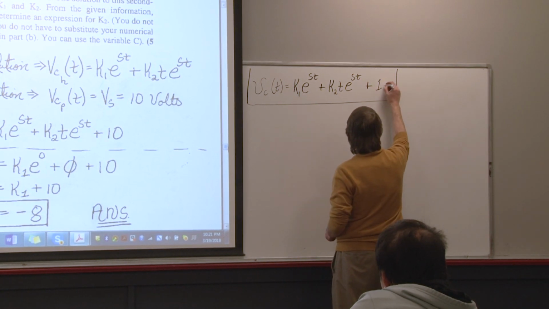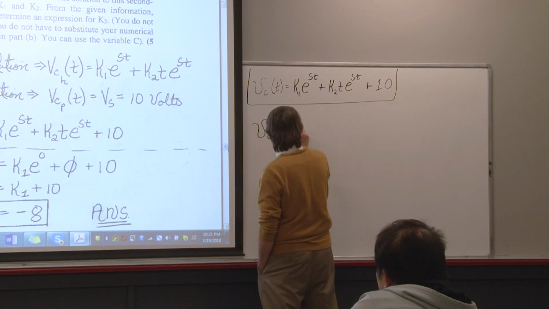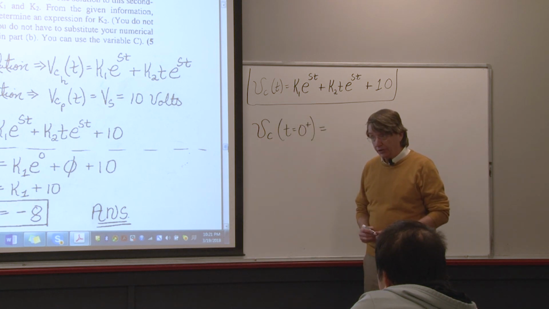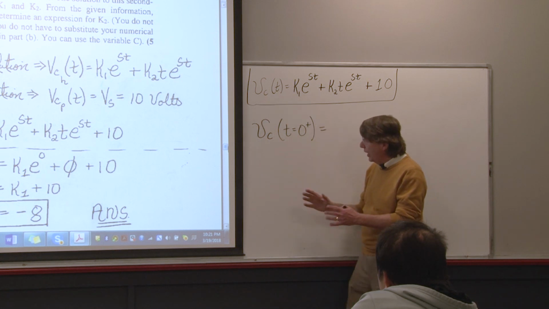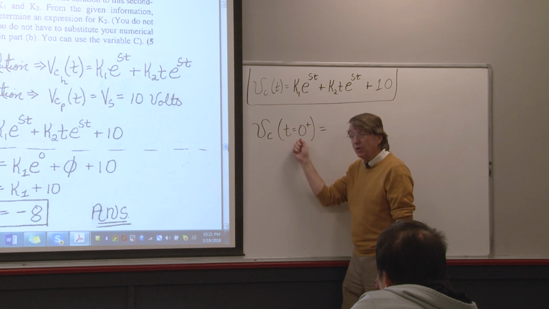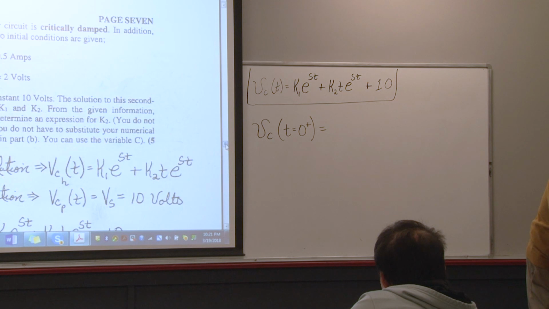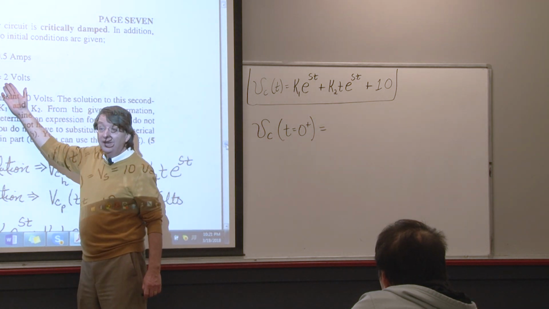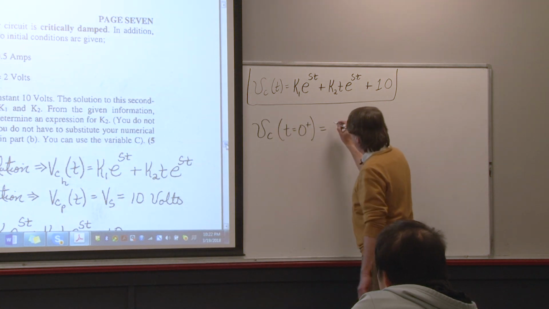Now, the first initial condition I need is V sub c at t equals 0 plus. See, I have V sub c at t equals all of this. Emily, what I want now is V sub c at t equals 0 plus. So I look and say, by any chance, was I given this? Yes. It's 2. So I plug in 2.